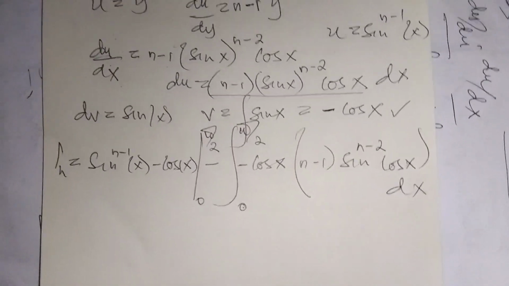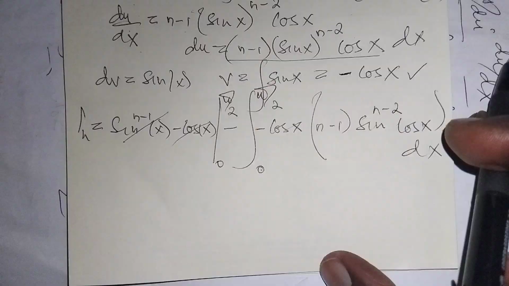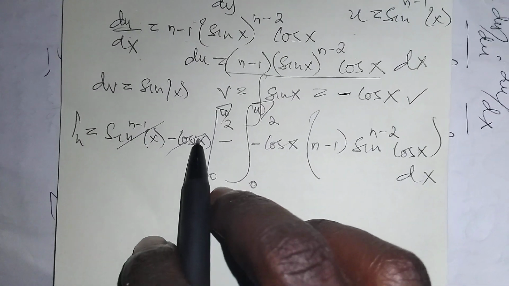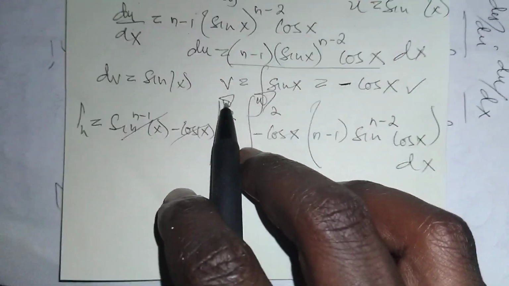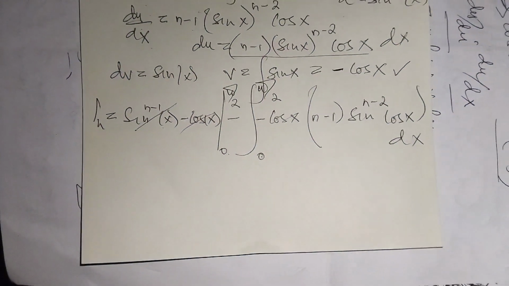You're going to realize that when you substitute, this part will become 0, since we have sine x, then you have cos x, substitute 0 and pi radian over 2, it will simplify to 0.